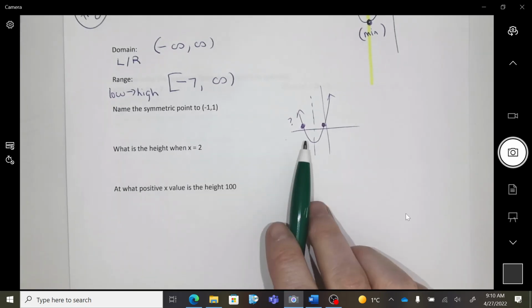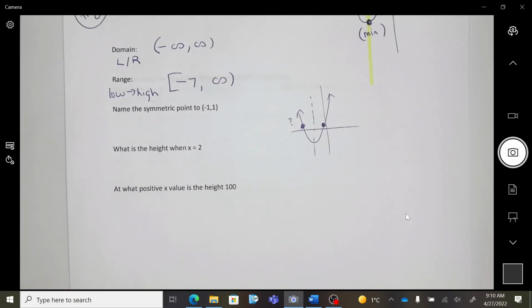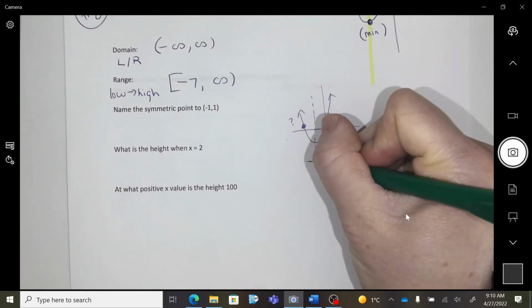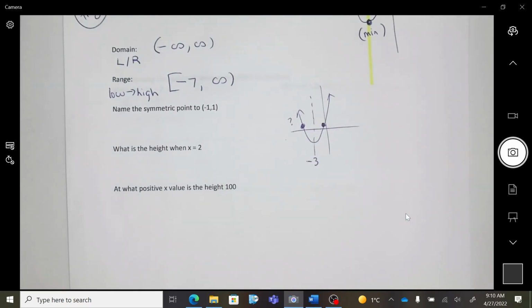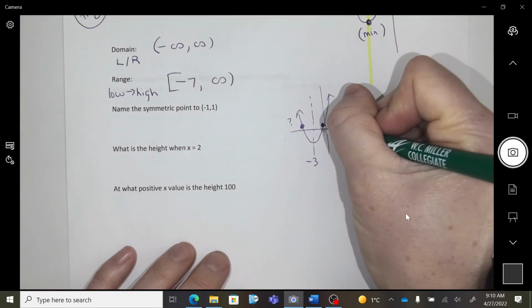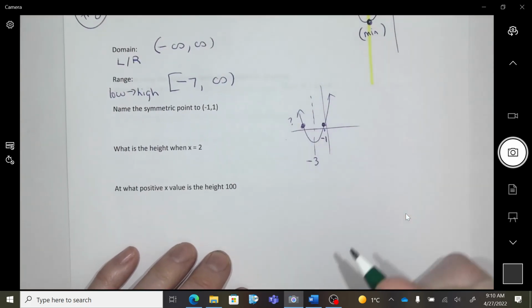I would want to know the point that's like the flip-flop of that. Okay, so do we remember this line was at -3, and this point is at -1.